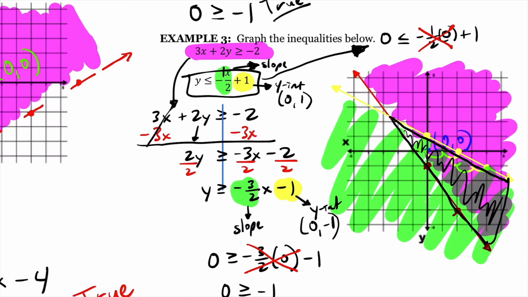Anywhere there, any of these points. You could pick this point here, over 3 down 2, 3 comma negative 2. You could say this point here, over 4, down 2, 4 comma negative 2. You could say 0, 0. 0, 0 is actually in between there, right? That's where we want. We want the double shaded area. That's the only difference, okay?